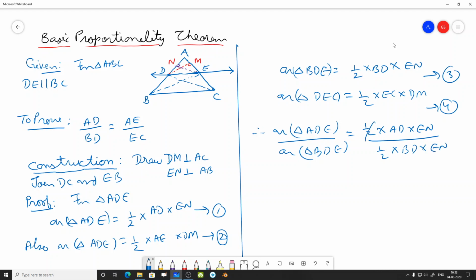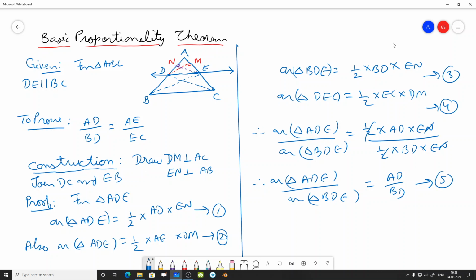So half and half will be cancelled out, EN cancel out. So what we are getting is equal to AD by BD. So therefore we can say that area of triangle ADE over area of triangle BDE equal to AD over BD, and let this be 5th one.